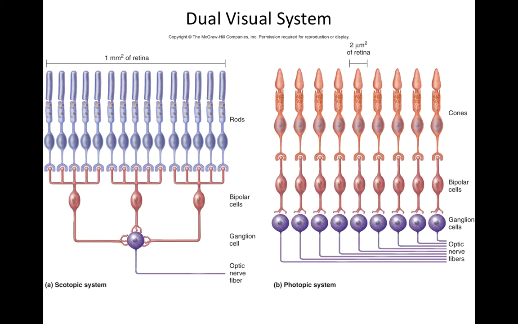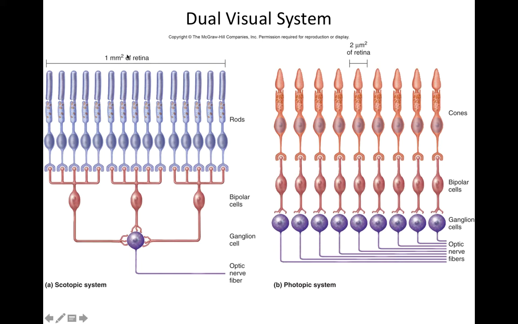So let's talk about that acuity for a second. This is what's called the dual visual system. Rods do not have a lot of acuity. They don't provide super sharp, clear vision. And there is a direct anatomical, we're going right back to structure versus function here.